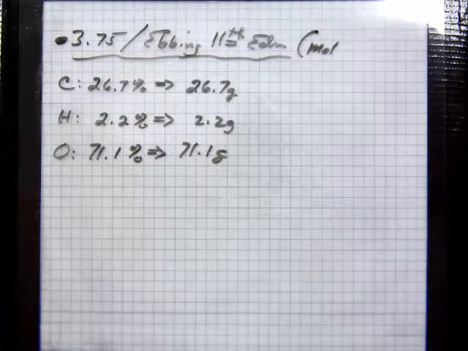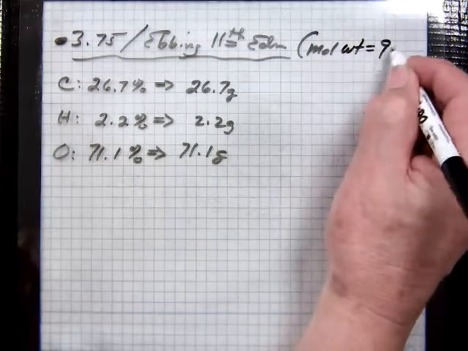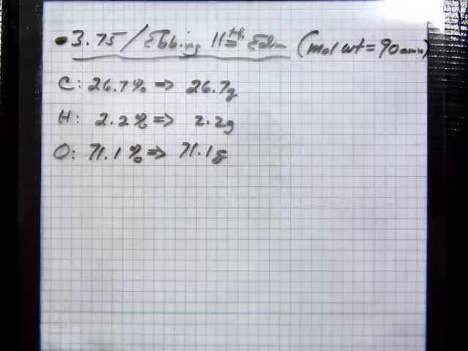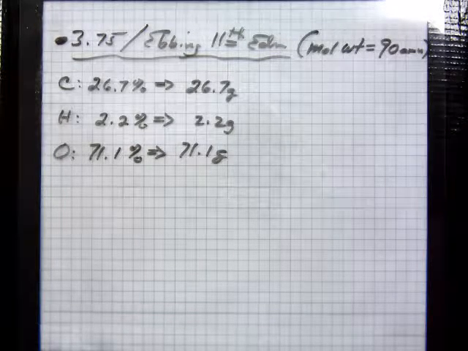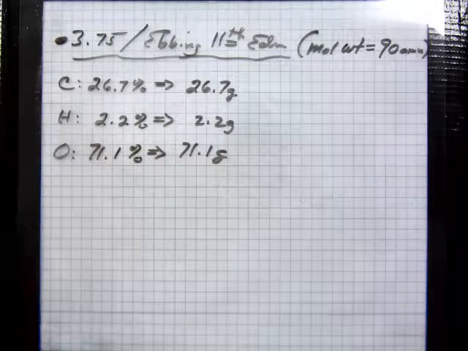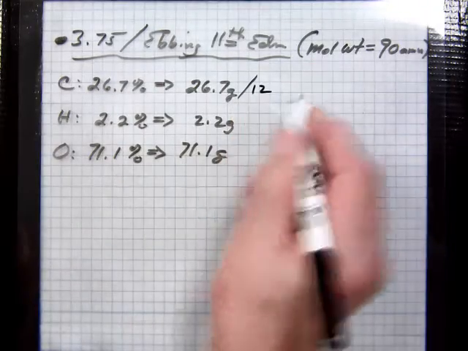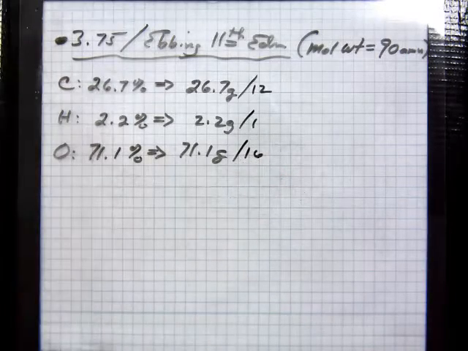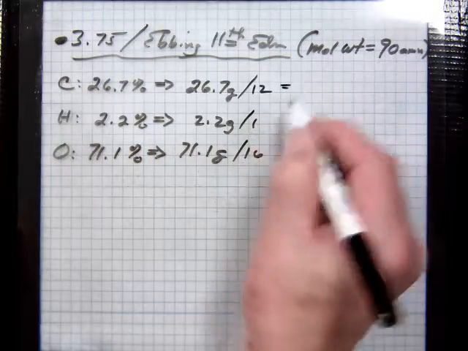Okay. They give you the formula weight of the molecule anyway. So I have to give you that. Okay, so where do we go from here? Find the mole. Carbon is divided by 12, hydrogen 1, and oxygen 16. And of course, you'll have a periodic table to reference the values.